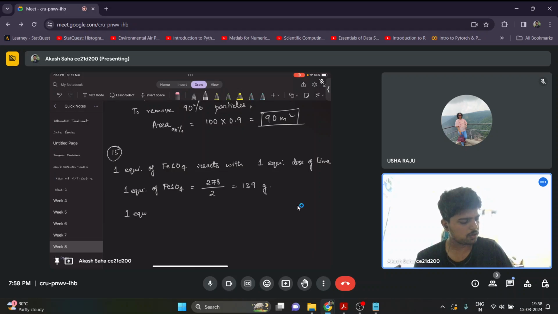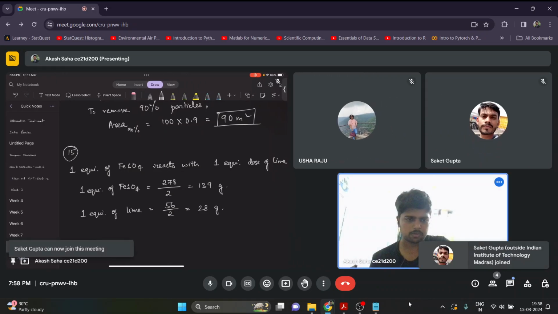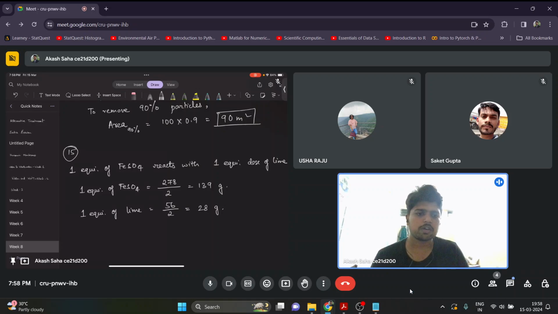Similarly, one equivalent of lime. Lime is CaO, which is 56. Again, the combining capacity is 2, so it is 56 by 2, 28 grams. Since one equivalent of FeSO4 reacts with one equivalent of lime, 139 grams of FeSO4 will react with 28 grams of lime.